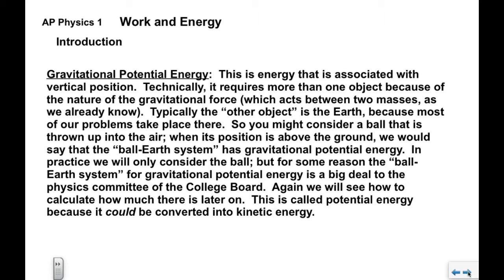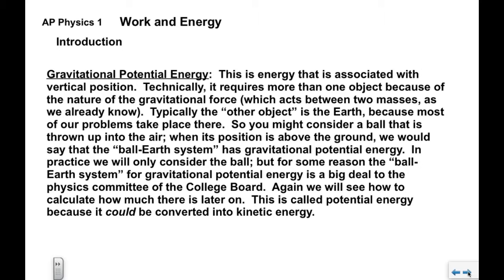We also have what's called gravitational potential energy. This is energy that's associated with vertical position. Technically, this requires more than one object because of the nature of the gravitational force, which, as we know, acts between any two masses. Typically, the other object is the Earth because most of our problems take place here.